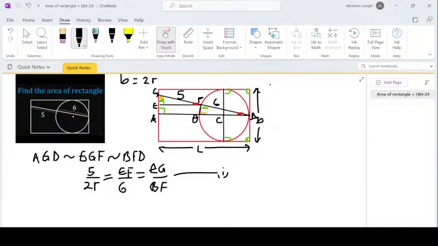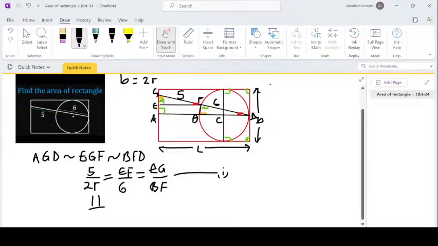GD is 5 plus 6, that's 11. Let's find the relationship between AGD and BFD first.